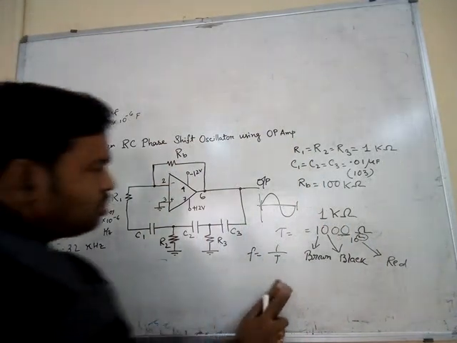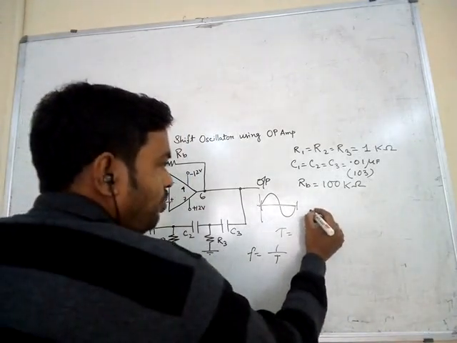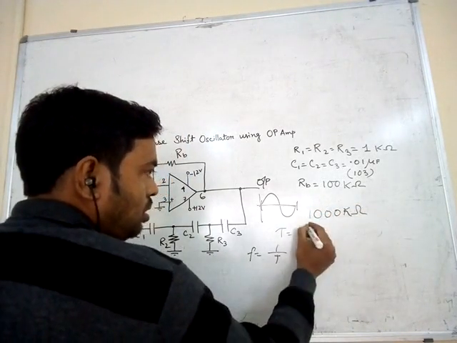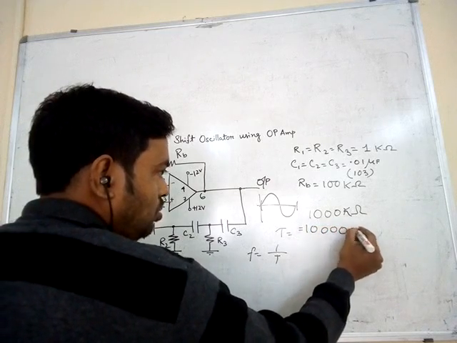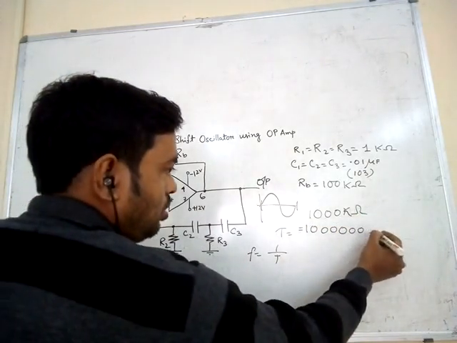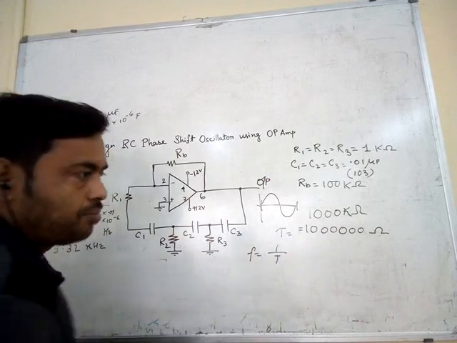What will be the color code? For a 100 kilo ohm resistor, it is 100, again 3 zeros, to convert into ohm from kilo ohm.